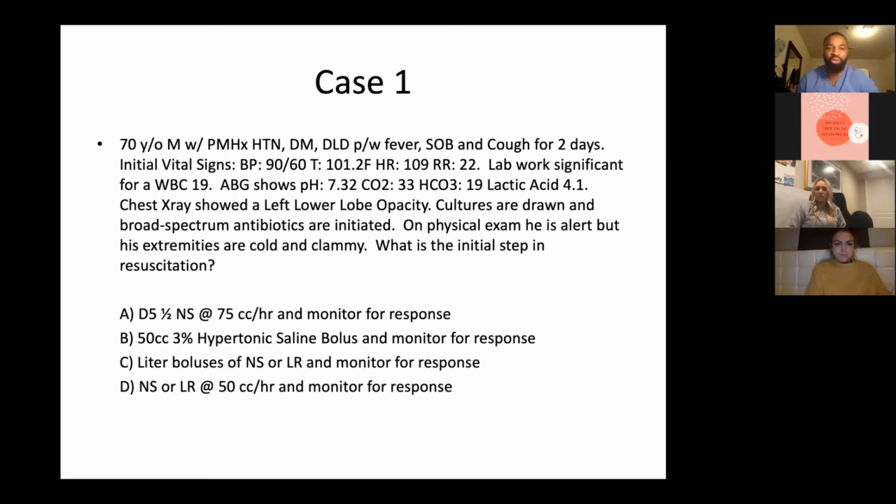Oftentimes, this is what you truly see in hospital: elderly, older patients, or people who have diseases such as diabetes. Essentially, when you develop diabetes, you become slightly immunocompromised, because it's like a state where your immune system is always in flare, and so you're a little bit more prone to things.